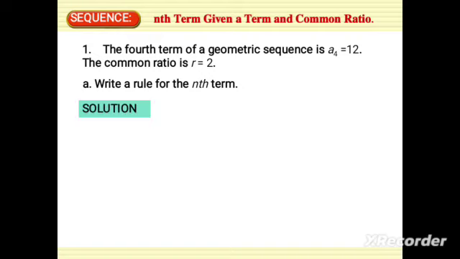So being given the fourth term to be equal to 12, that means we are going to write the fourth term with respect to the first term and the common ratio.